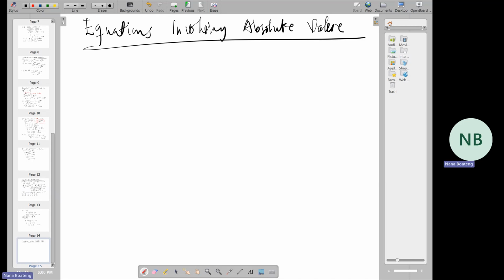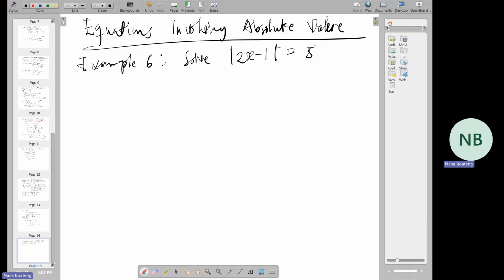All right, so for example, this will be our example 6. If we are to solve the absolute value of 2x minus 1 is equal to 5.